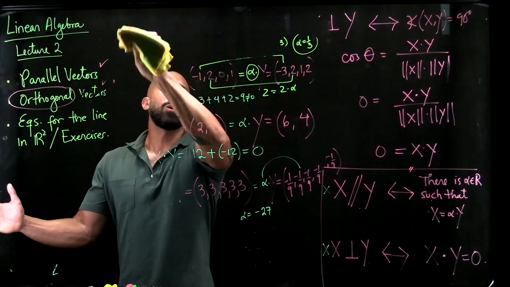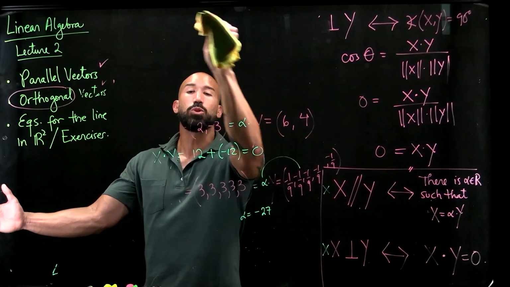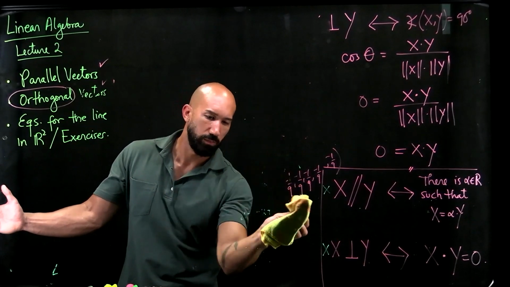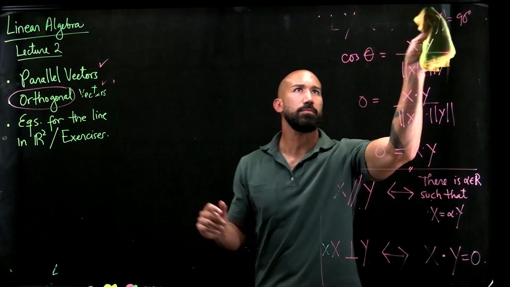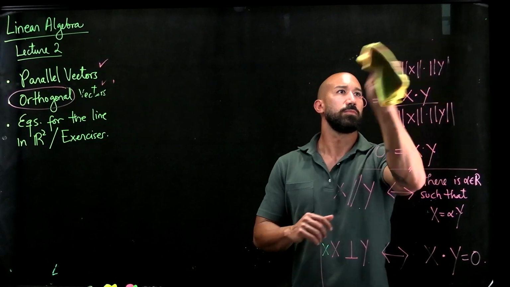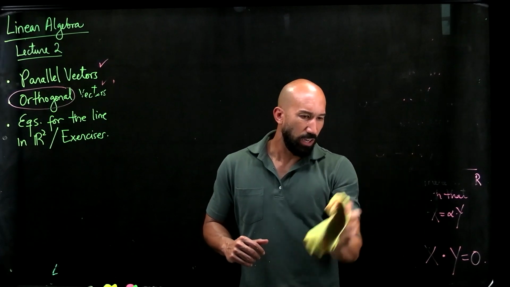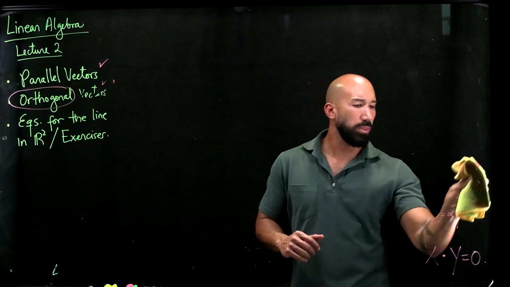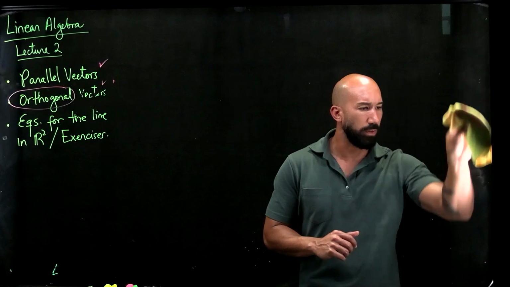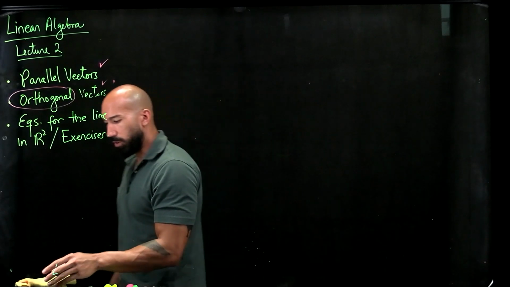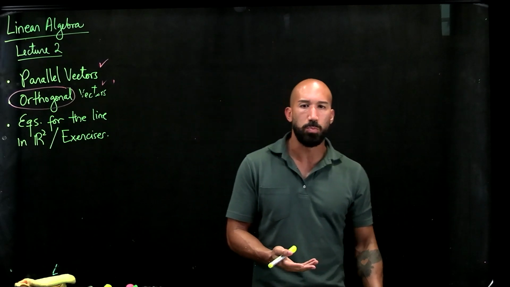Let's suppose now that we want to determine an equation for a line in R2. If I ask what do we need to determine an equation for a line, at this point you're most likely going to tell me I need 2 points, or I need 1 point and the slope of the line.